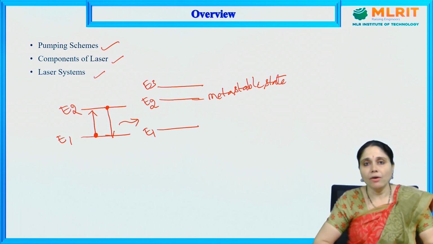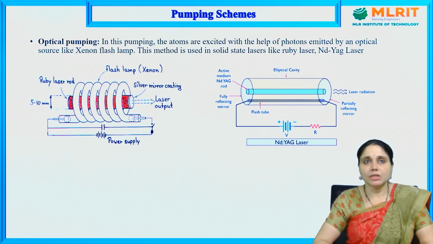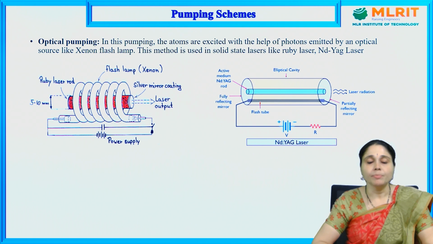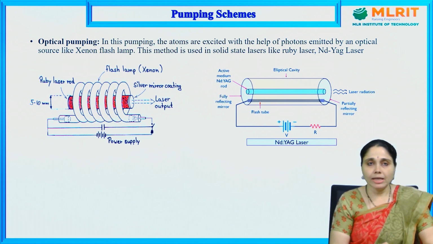Now we have pumping schemes in order to achieve the population inversion. The first pumping scheme is the optical pumping scheme. In this pumping, the atoms are excited with the help of photons emitted by an optical source like a xenon flash lamp. This method is used in solid state lasers like the ruby laser and Nd-YAG laser. Here we see how the laser is produced.